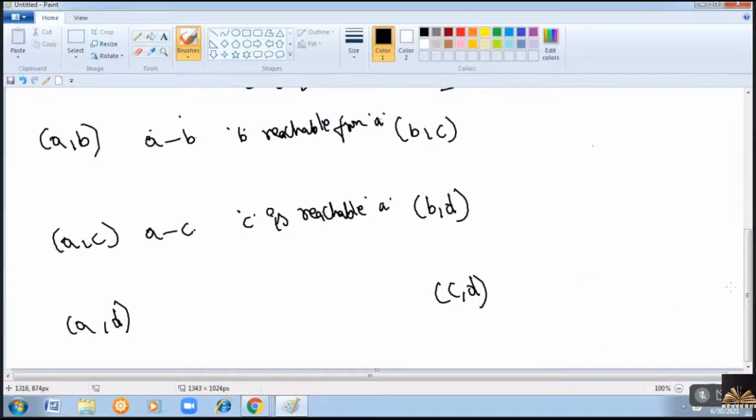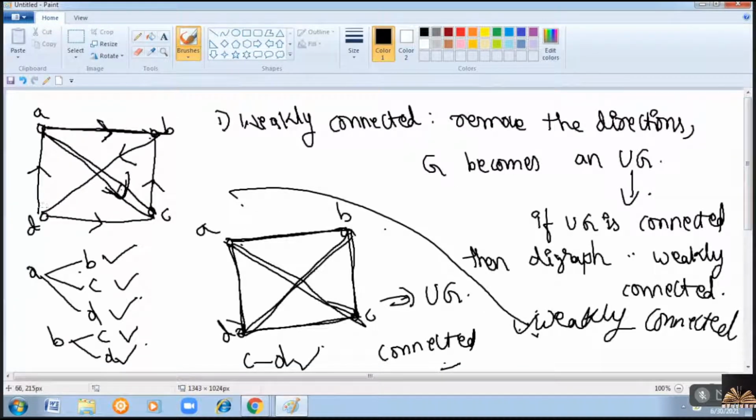Now consider the pair A comma D. When you consider this pair, from D you have a directed edge to A. That means D to A there is a direction.